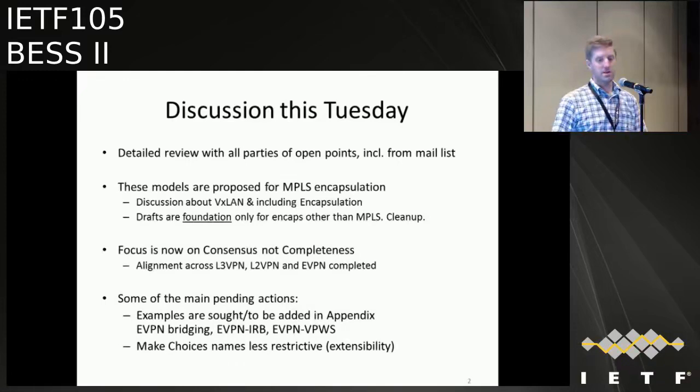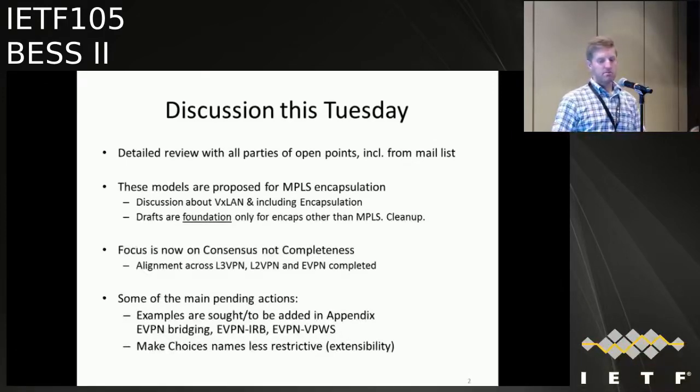So there is some cleanup to be done there. The second conclusion is that the focus is now basically on consensus on these models, not 100% completeness with everything EVPN that is out there. So we do have alignment across the L2VPN, L3VPN, and EVPN models.